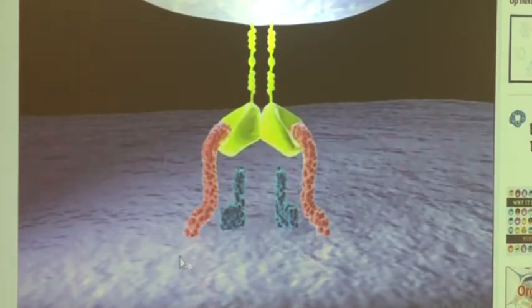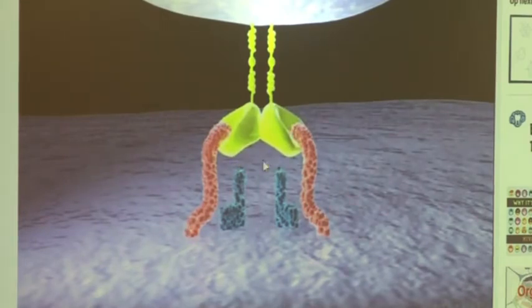So this is the immune cell, and it has a special name. It's a T helper cell, but think of it as an immune cell. Normally it's going to help fight disease. Now here's the specific receptor on the immune cell. It's called a CD4 receptor.